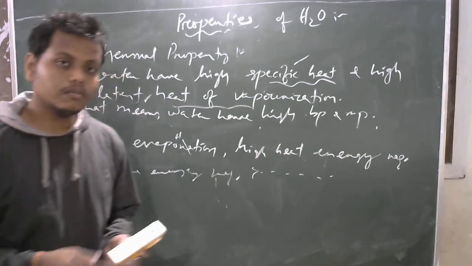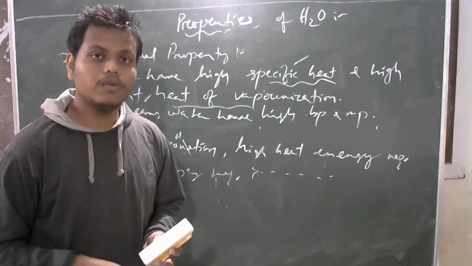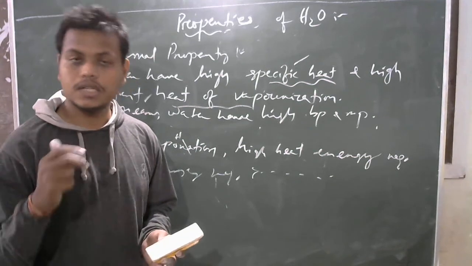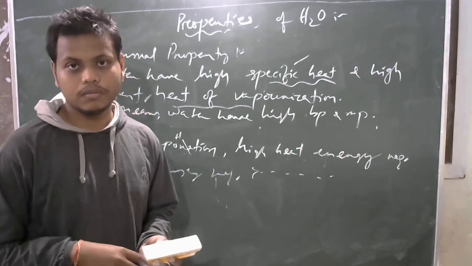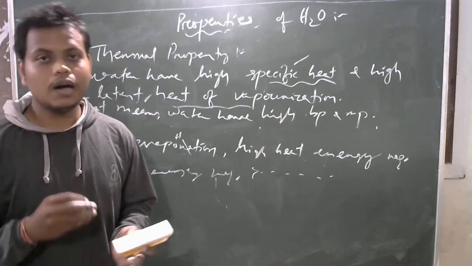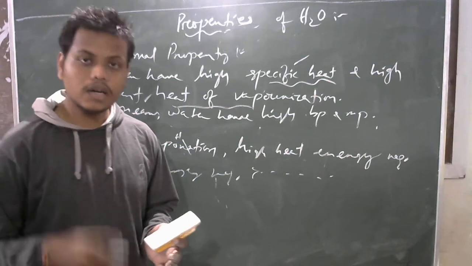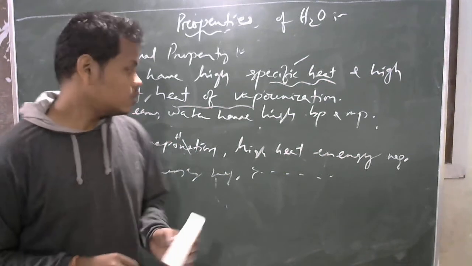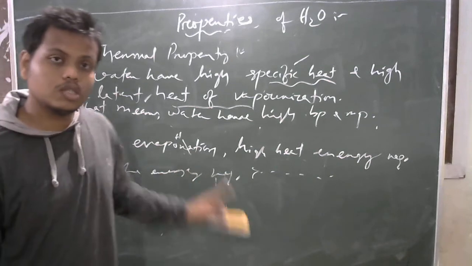Try to understand. If evaporation of water does not occur, then that heat energy remains in our body. And if that heat energy remains in our body, then our body's internal temperature will increase. But that does not occur due to the evaporation of water.